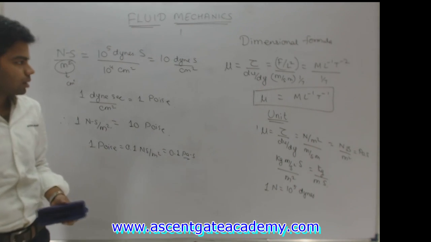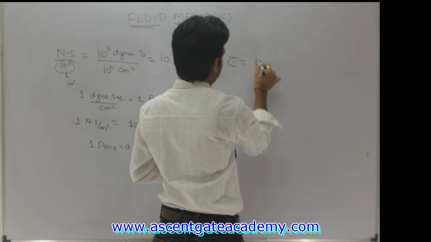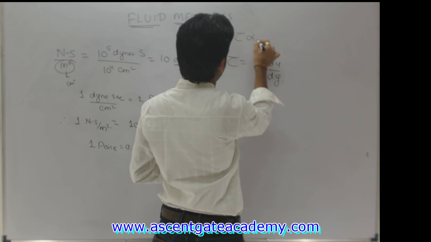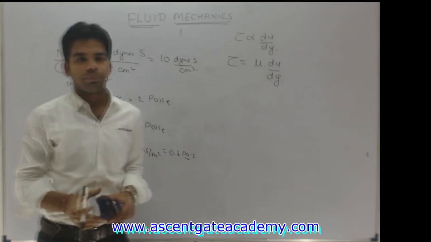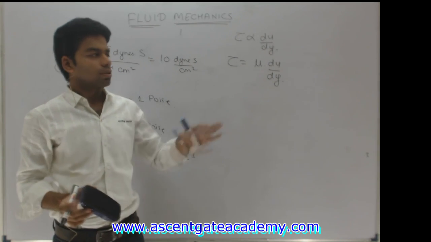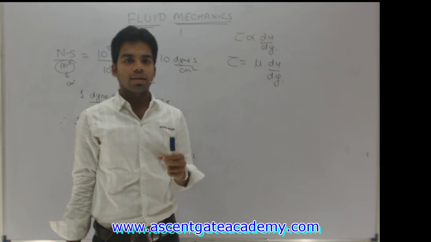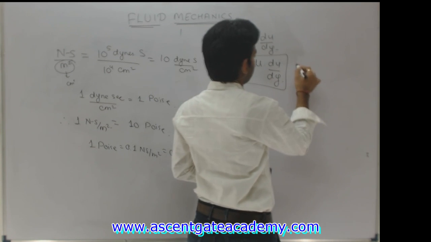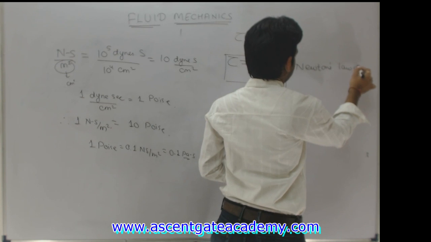Getting this or not? Now coming back to the formula, what we have seen, tau is equal to mu into du by dy, and this we have got from tau is directly proportional to du by dy. And the fluid which follows this particular law is called Newtonian fluid, and this particular law is nothing but Newton's law of viscosity.